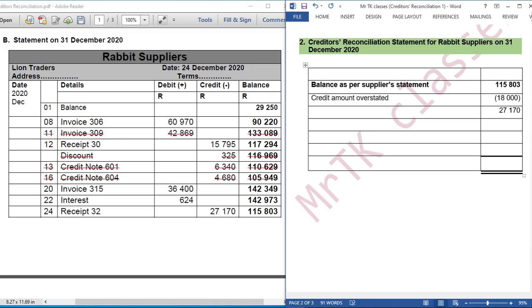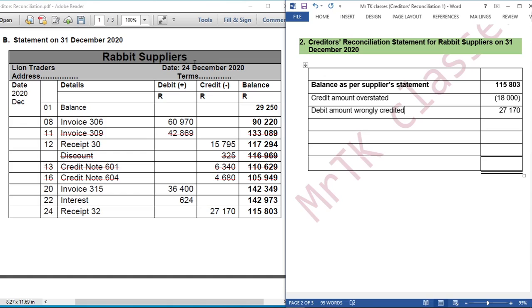To show that it's a positive, we are not going to reflect it in brackets. Remember we said we are going to make a debit entry, so we are going to say debit amount wrongly credited.